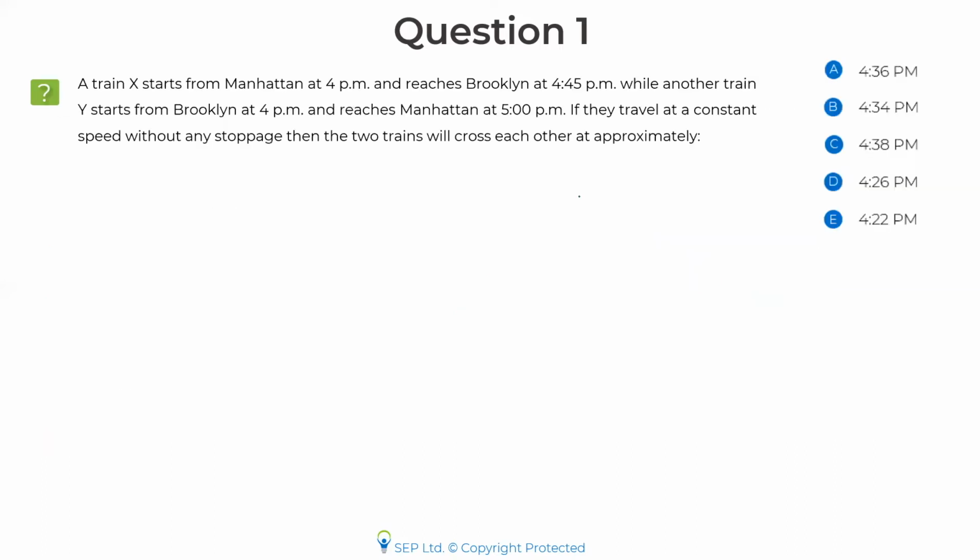Now, as I understand that X is taking 3 by 4 hours and Y is taking 1 hour, let us try to draw the DST table and find out what different variables I can find out in terms of DST for these two trains.